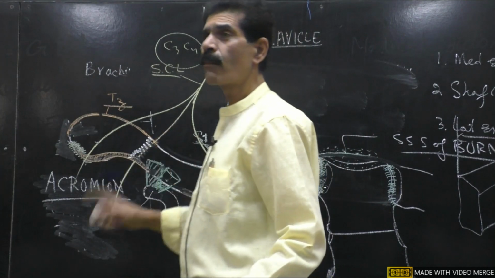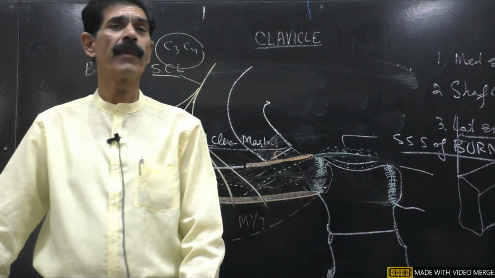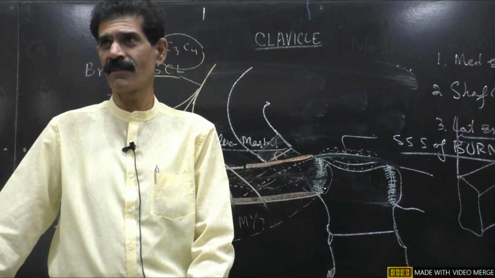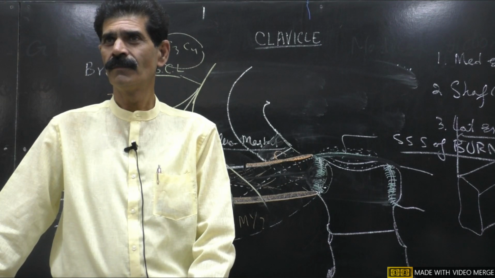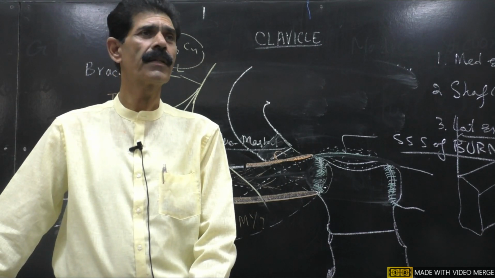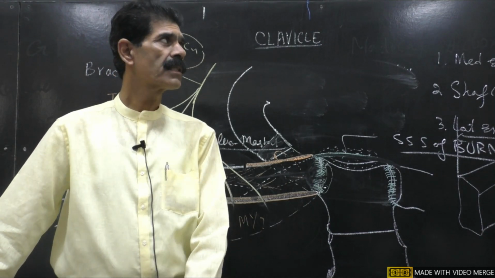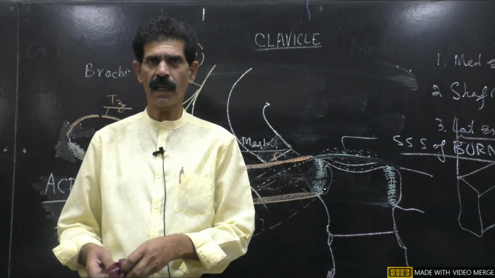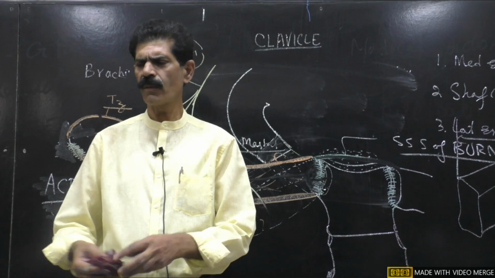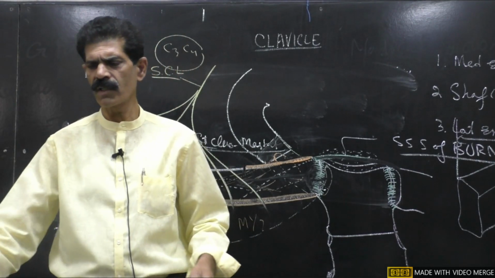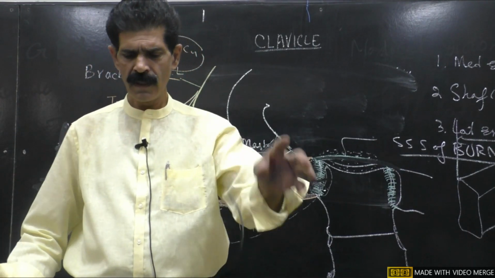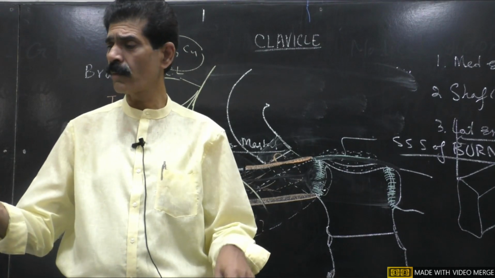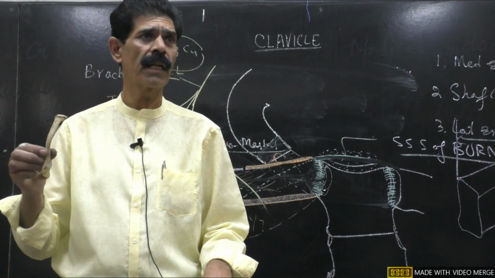So that is the applied importance of the fracture. So that will be painful, and it is well noticed. So this is how we do the first bone of the upper limb, that is the clavicle. This is the most important. Other bones are not much important and extensive, but this is a small bone that is very, very important in the practical as well as in the theory.